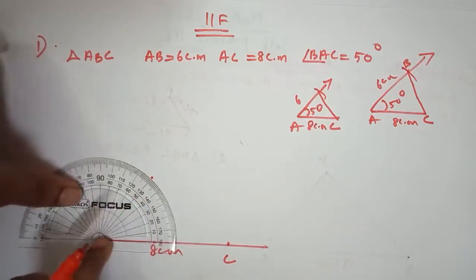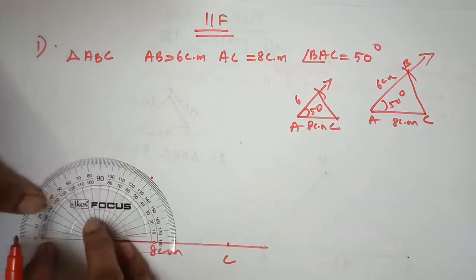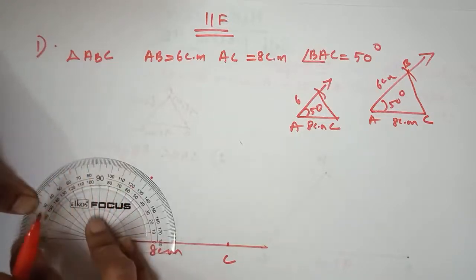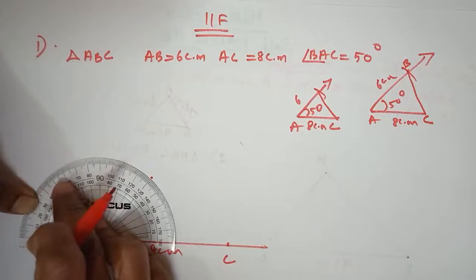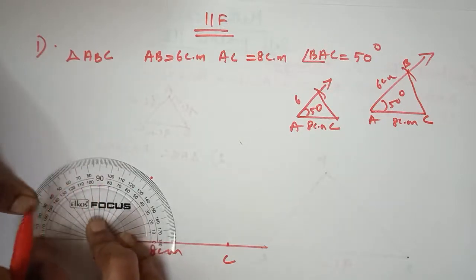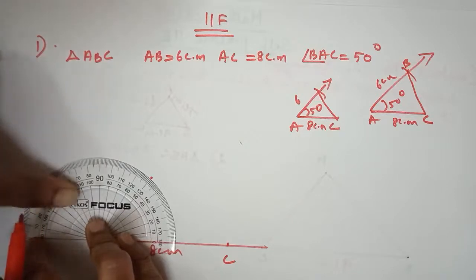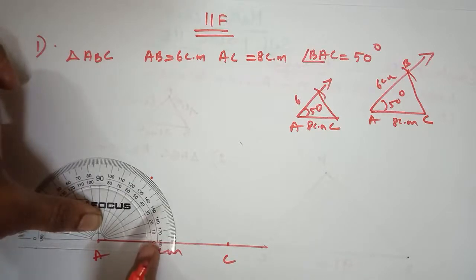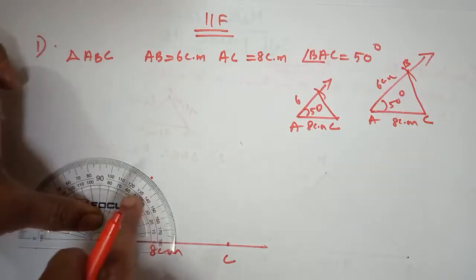So if the baseline is here, then you have to start from the outer measurements. Okay, that means 0, 10, 20, 30. If the base side is here, then you have to start from these outer points. Okay, so here the base side is here, so you have to start 0, 10 from the downside values. Is it clear?